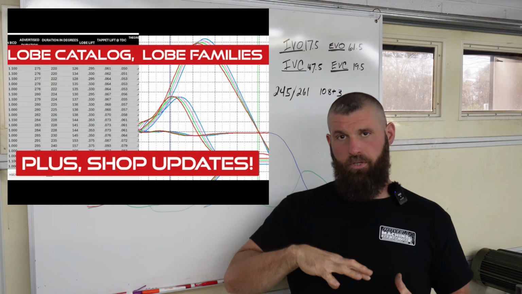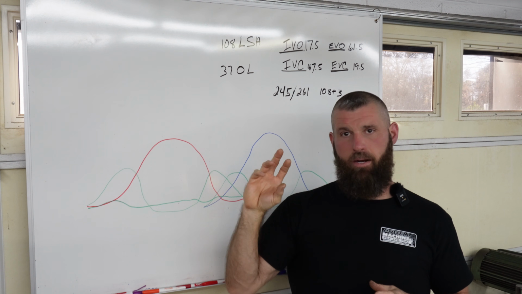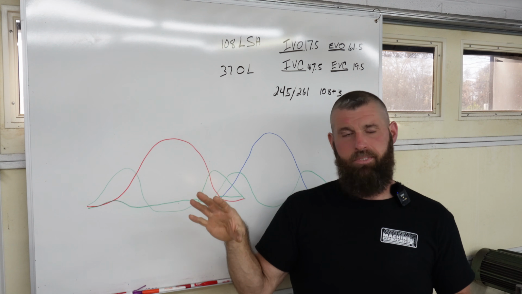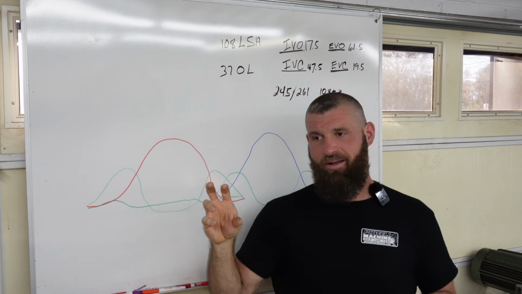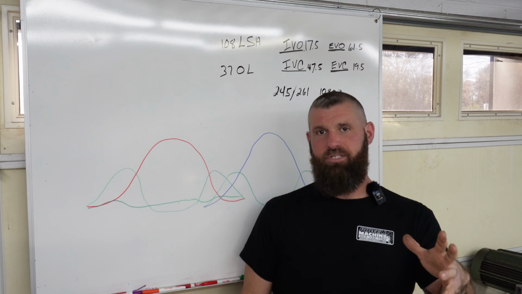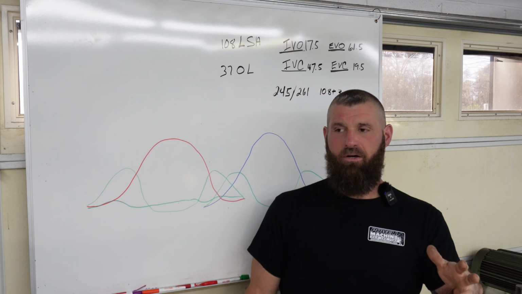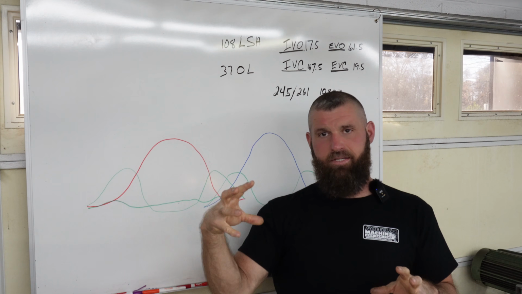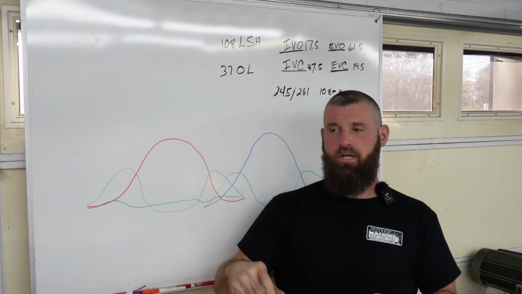We're doing a new lobe catalog, and I'm working on a bunch of new families, and we've got most of the families started. But then I learn a new trick, and I've got 5 lobes designed for that family. I need to go back and redesign all 5 of those and add these other ones to it.